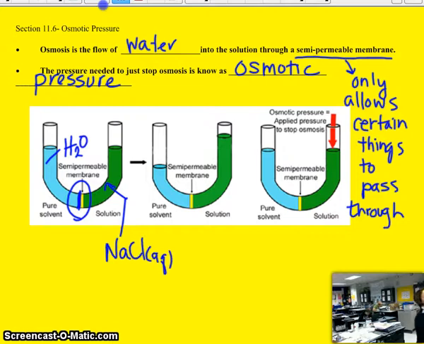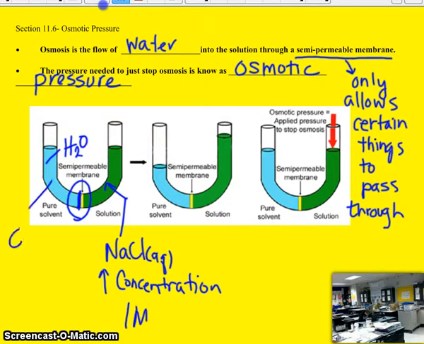Okay? In an attempt to equalize the concentration, so this has a high concentration of salt. It doesn't even matter what it is. Let's say it's 1 molar. But if it's just water, then the concentration of salt is 0 molar. So in an attempt to equalize the concentrations, because again, remember, things in nature want to be equal, water will flow from the pure solvent and enter the solution to dilute it, right?